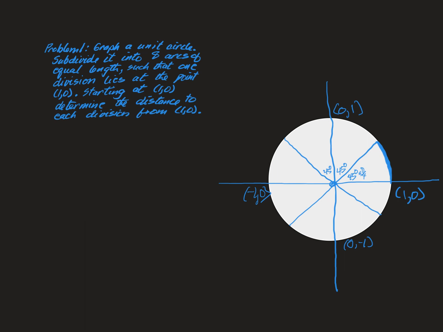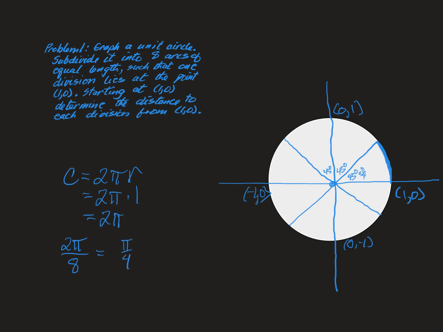Well, since these are 8 equal divisions, I know the circumference of the circle. The circumference is 2 pi r. The radius is 1, so the circumference is equal to 2 pi. So the length of each of those arcs, since there are 8 of them and they're equal, is going to be 2 pi divided by 8, which is pi over 4.